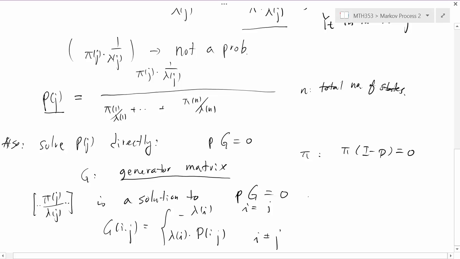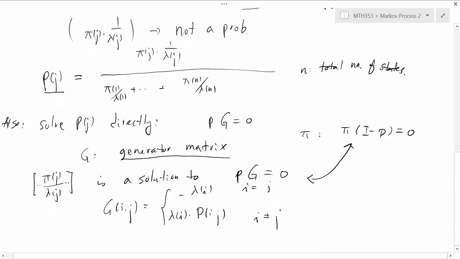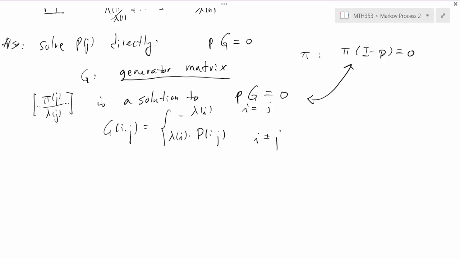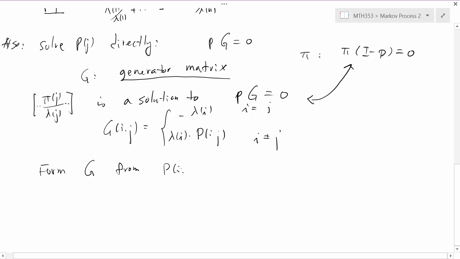Now, this equation over here is completely equivalent to the older one. It's just a different form, but it will allow us to find this P vector directly. So what we can do is form this generator matrix G from the given Pij and lambda i, and then solve PG equal to 0.